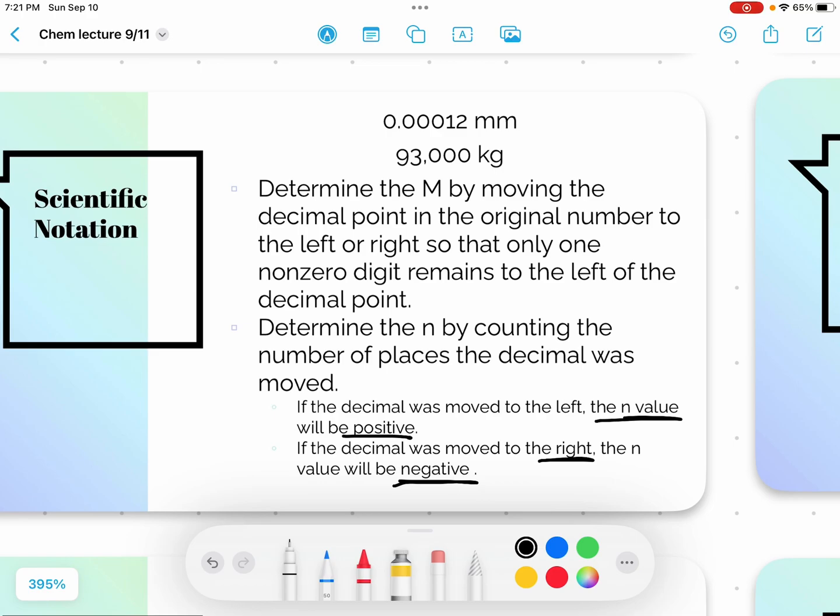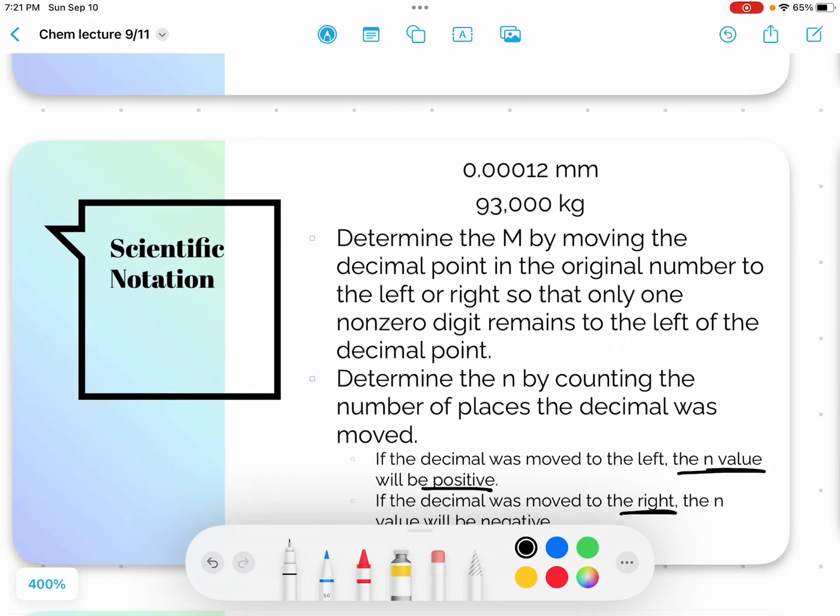So let's do this example up here. We have 0.00012 millimeters. To make that into scientific notation, I take my decimal point and move it until I have one number in front of it. I keep jumping until I have one number in front of it. So right there, I have one number.